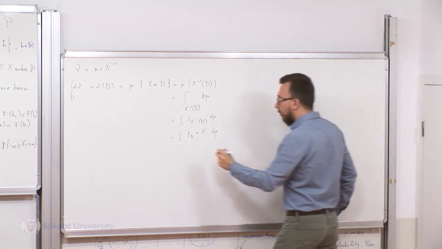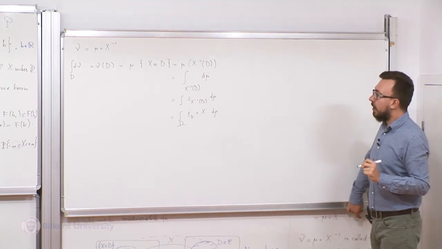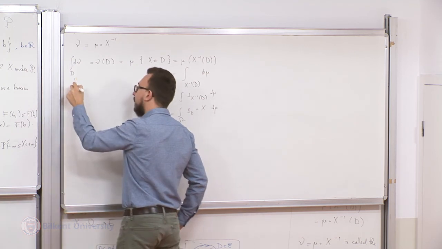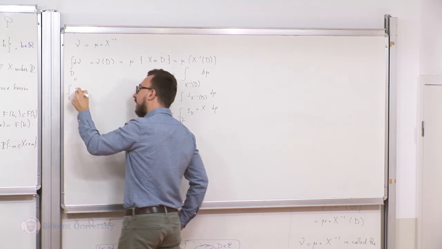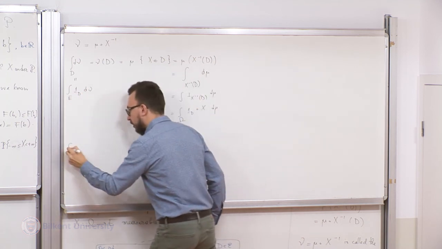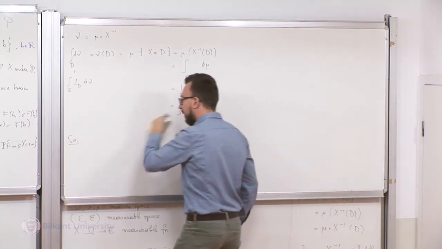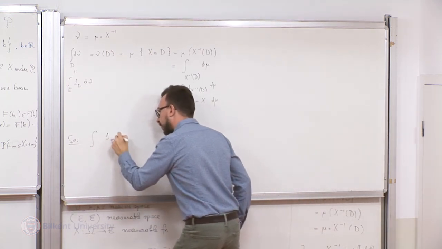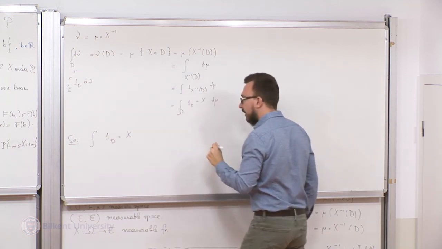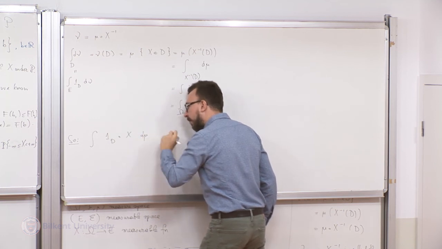So that's an integral over omega, whereas this is an integral over D. Or let's write it in the whole space, like the indicator of D times d nu. So just to write it in short, we have the integral of this indicator function applied to X, which is a random variable on omega, d mu.